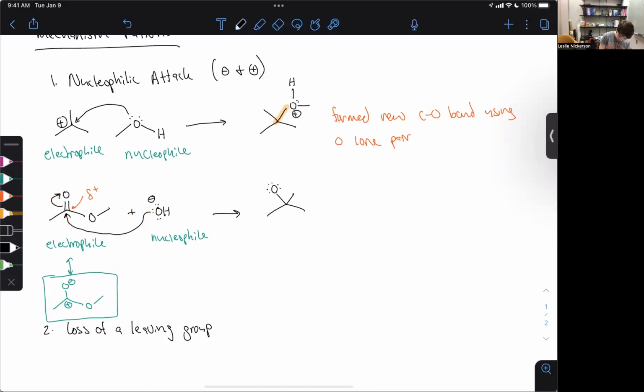Now we have an O minus up here, an O with a methyl, and an O with an H. So we end up with that intermediate. We broke the pi bond, and we've got a new CO bond.